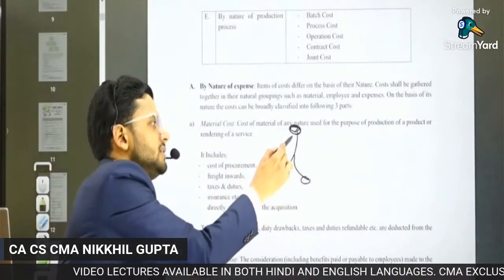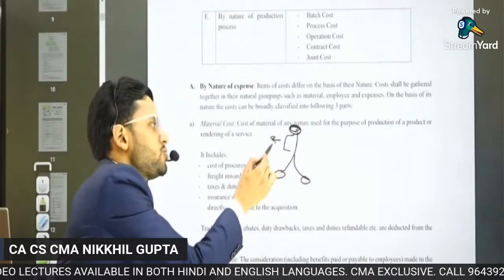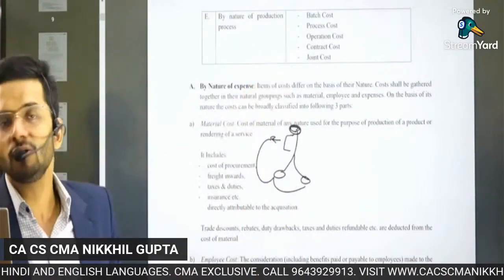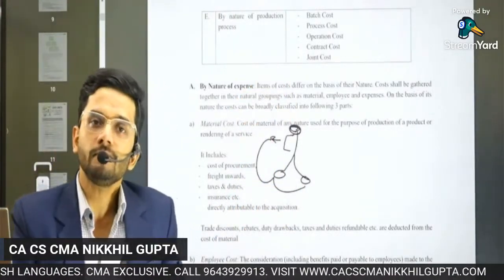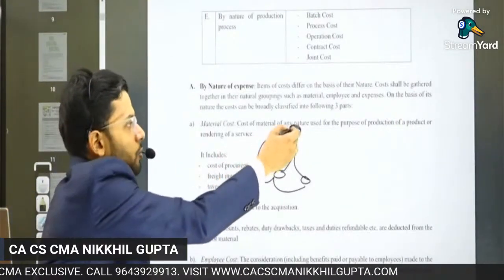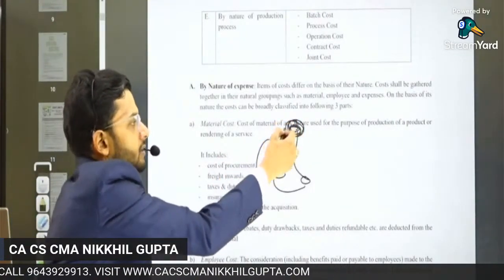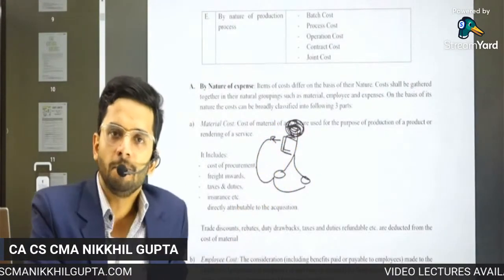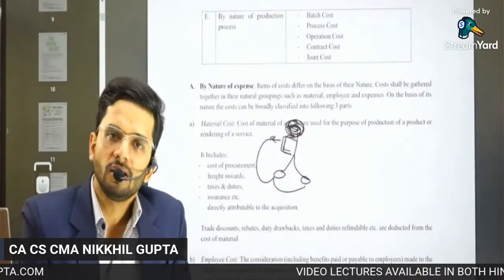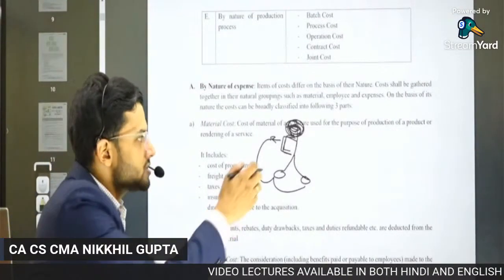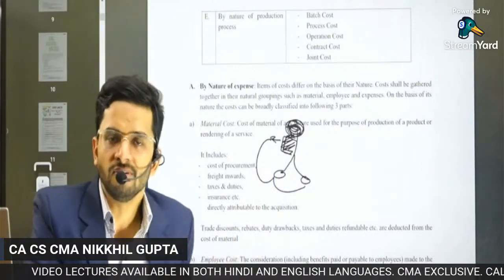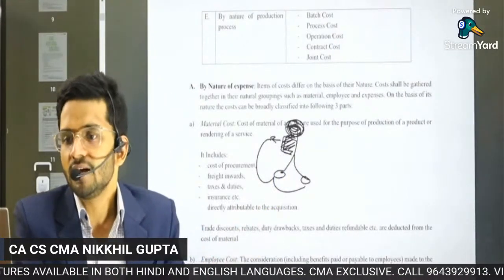In this case, the common cost has to be allocated to the two goods, and that is why we use joint costing here. This is known as joint cost.